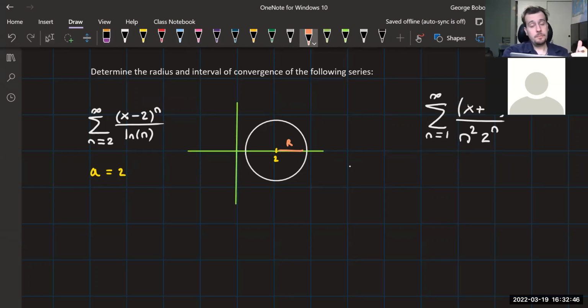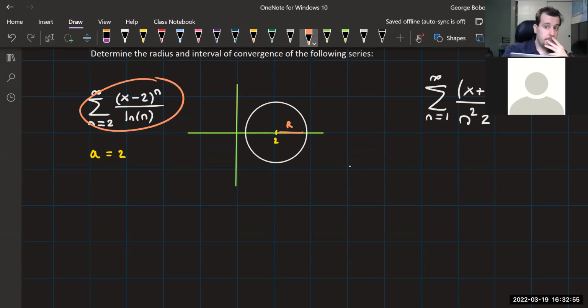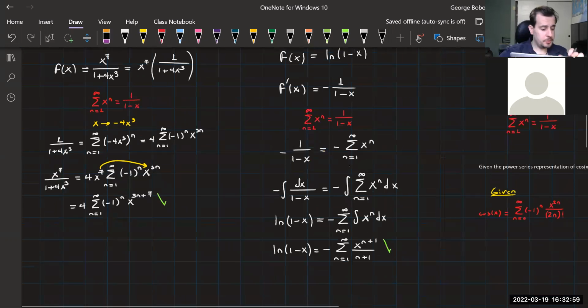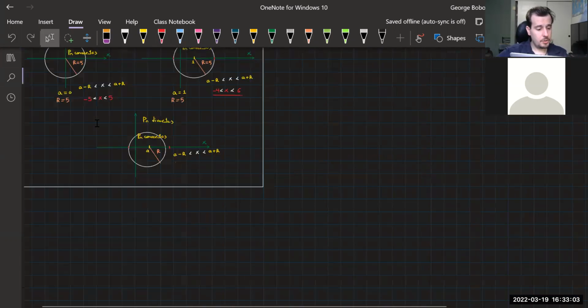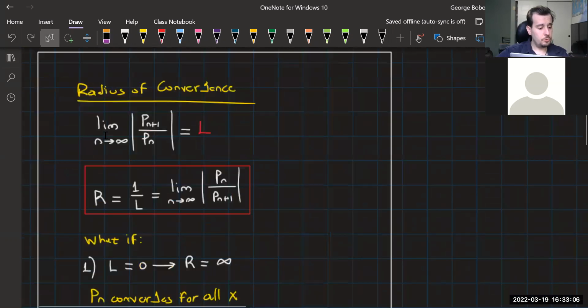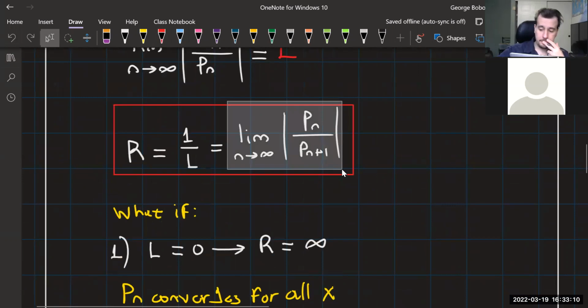But just know that all you would need to do if you weren't doing the shortcut, you'd have to do the ratio test on this guy. And eventually, again, I'll show you on the notes as I go along. Okay, so you'd have to do the ratio test.